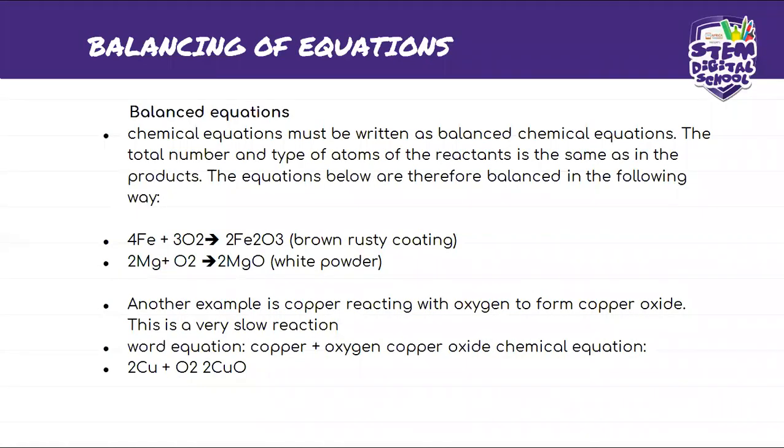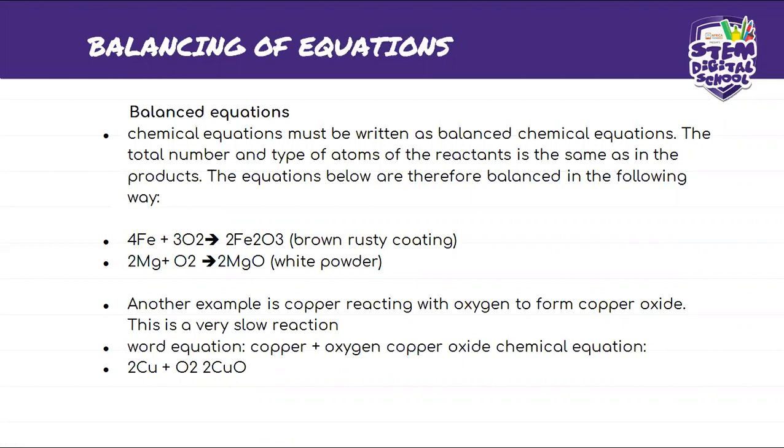All right. Now let's look at balancing equations. Chemical equations must be written as balanced chemical equations. The total number and type of atoms of the reactants is the same as in the product. So in another way, a balanced equation simply means that the number of atoms of the reactants should be equal to the number of atoms of the what?